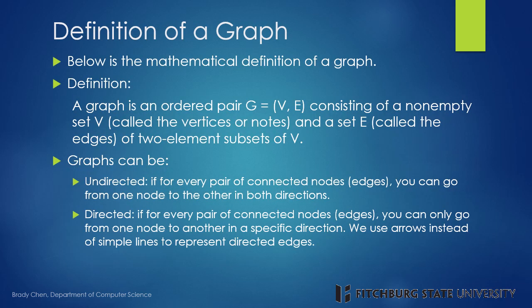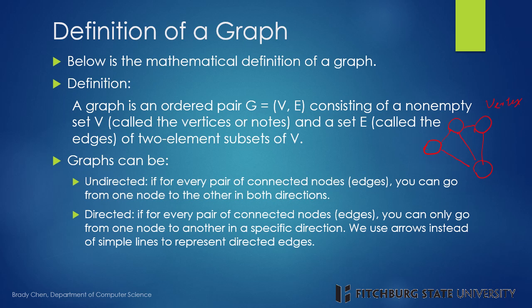Now we come to the mathematical definition of a graph. It's simple. A graph is a set of nodes, or vertices, and a set of links or edges connecting them.